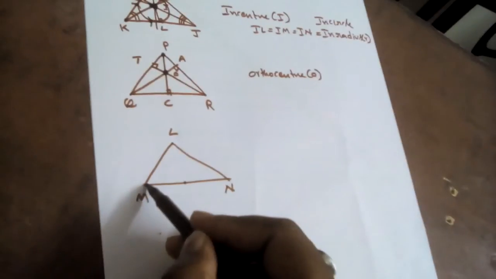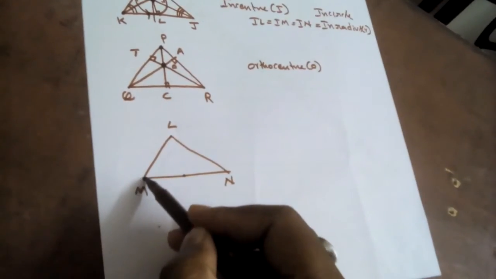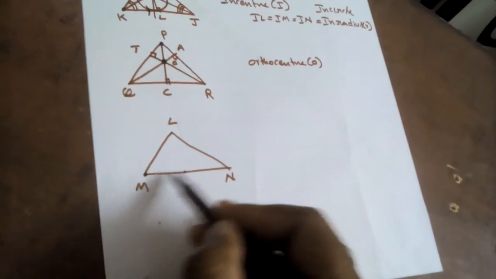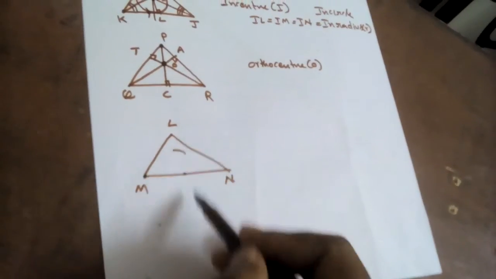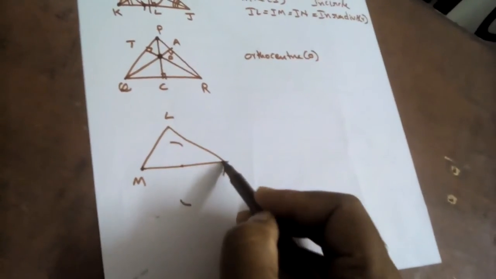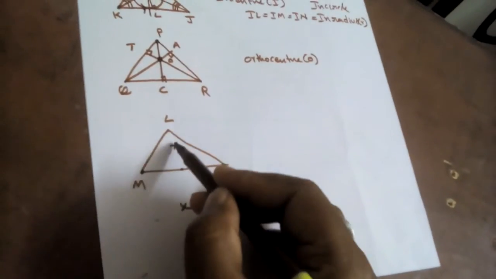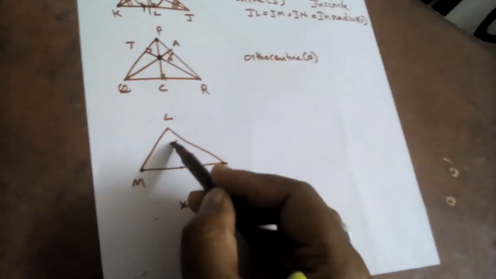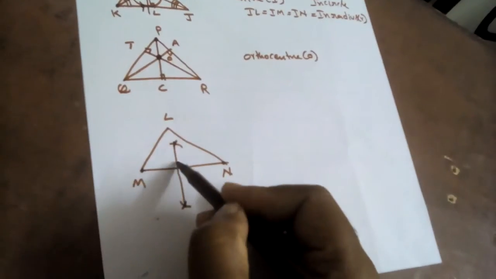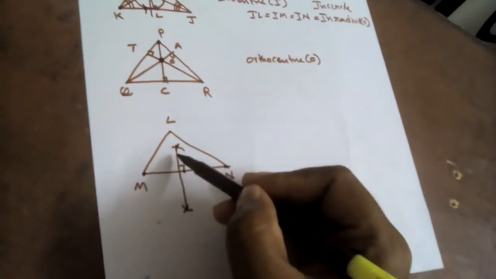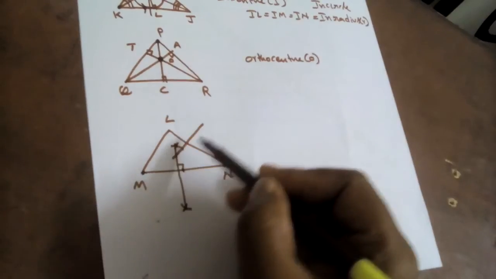With the help of a compass, take the center M and take the radius as more than half of it, draw an arc here, and with the same radius shift the center to N and intersect those two arcs. You will get 2 points here, join those 2 points, you will get a perpendicular bisector. So similarly do the same thing for the other two sides.